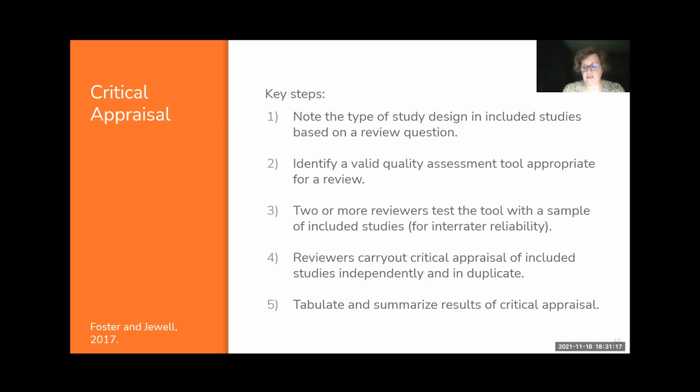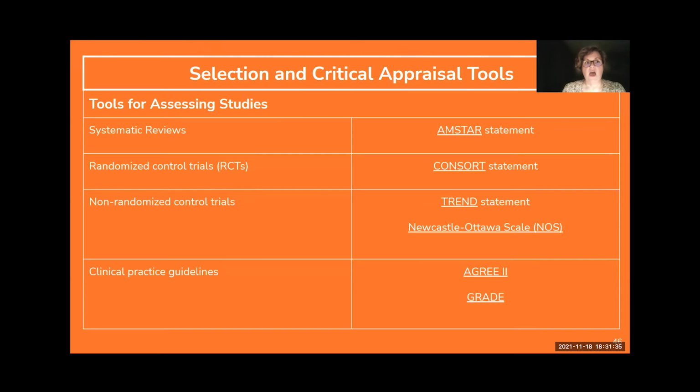So yeah, in the details, usually you might test it out first, but then afterwards, when you've found the right tool for you, again, it's done by two people independently that will critically appraise every study that is included in your review. And here, there are so many out there. It's great.